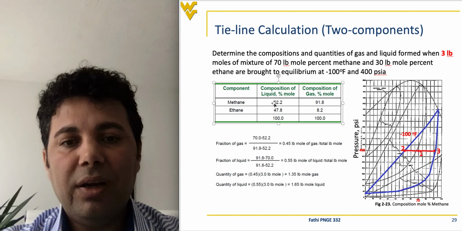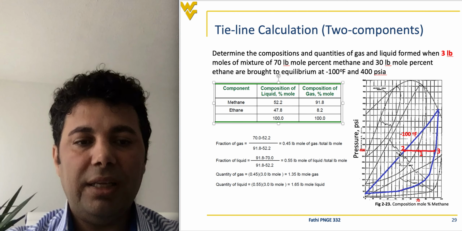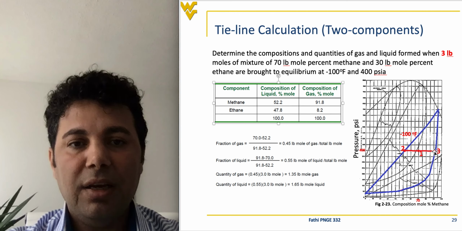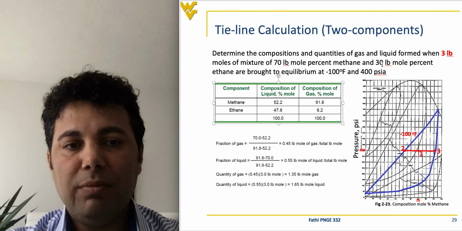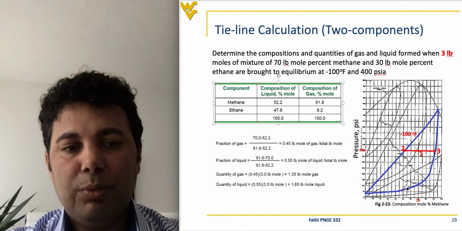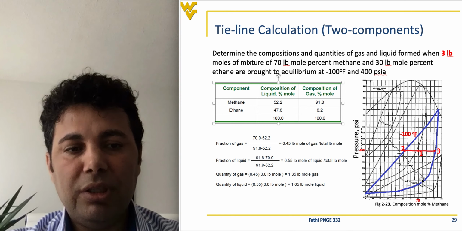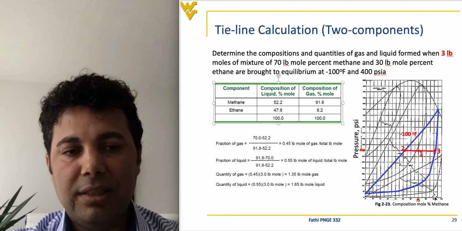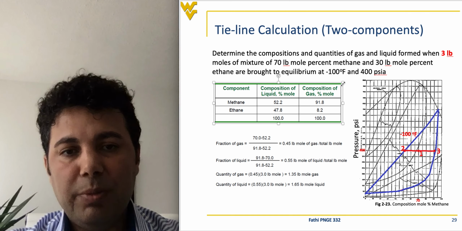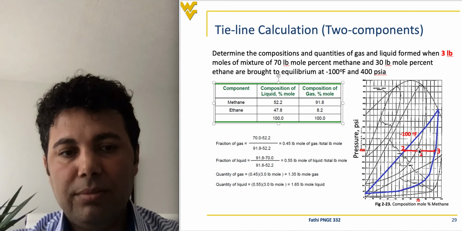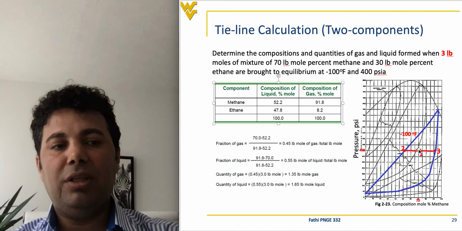This way I can find the composition of saturated liquid and saturated gas when 70 pound mole percent of methane is mixed with 30 pound mole percent of ethane at 400 psi and minus 100 degrees Fahrenheit. So this gives me the composition of saturated liquid and saturated gas. And the composition at point 1 is basically that 70%, 30%. So we have the composition at these 3 points.